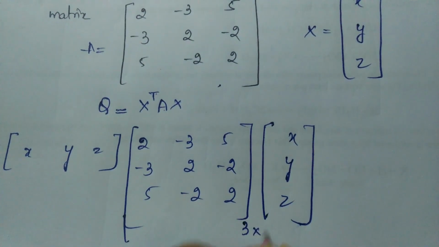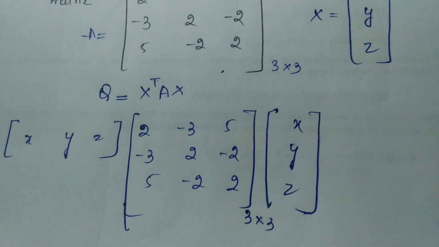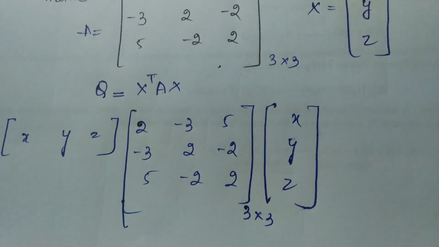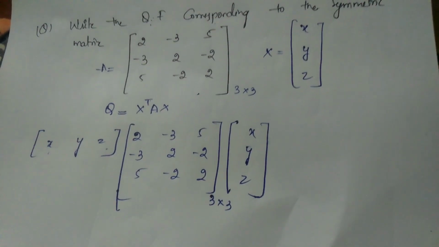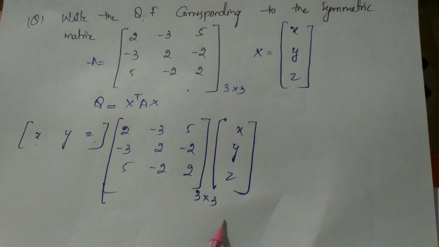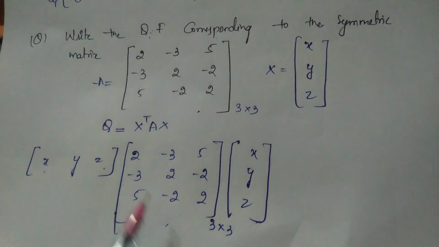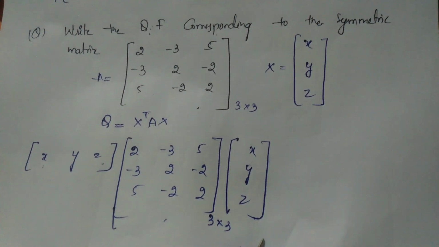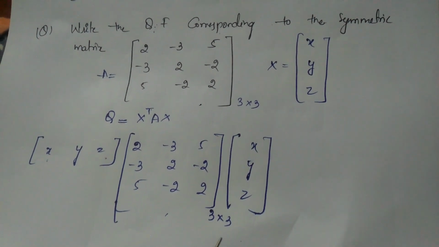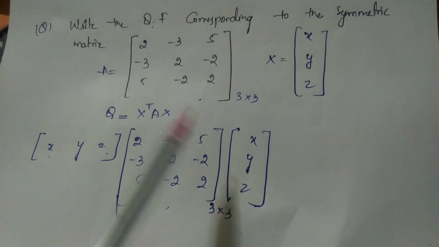So this is a 3 by 3 matrix, and we have Q equals X transpose A X. Instead of solving these three matrices, which takes a lot of time, since first you need to multiply this matrix with A and then the total matrix with the variable matrix, and as this takes much time in an examination, I'll show you one trick.